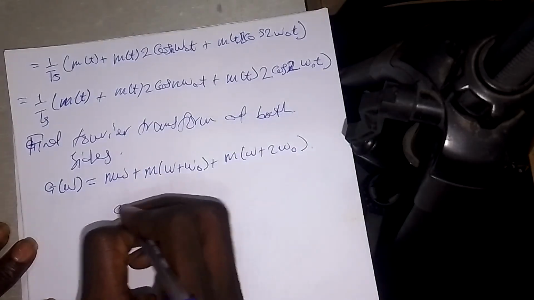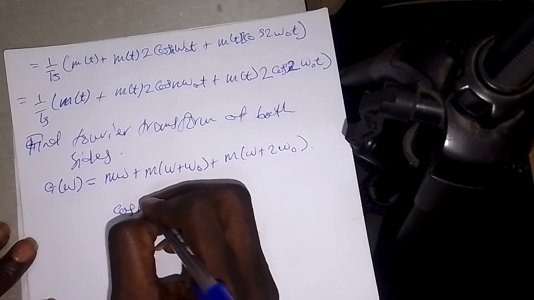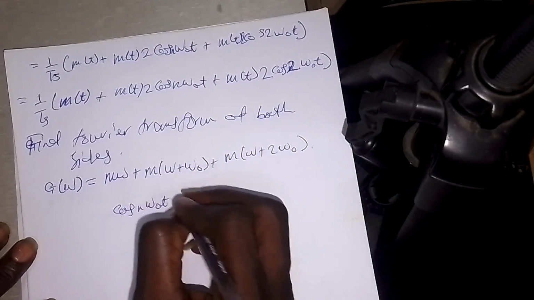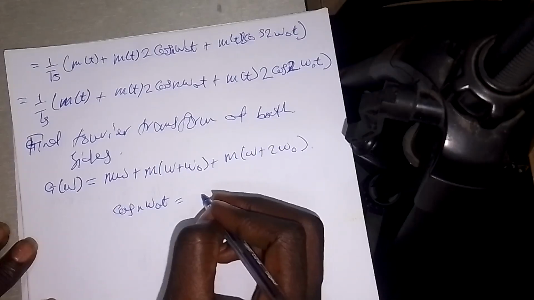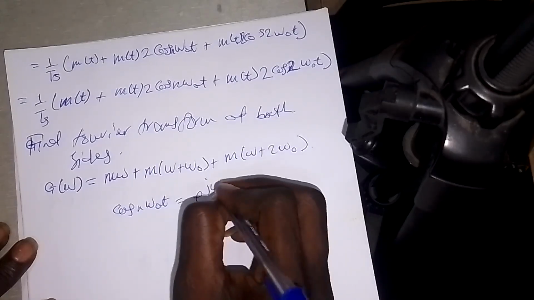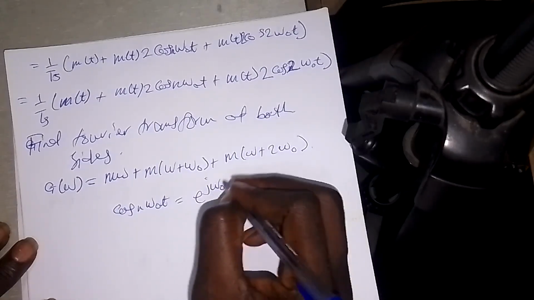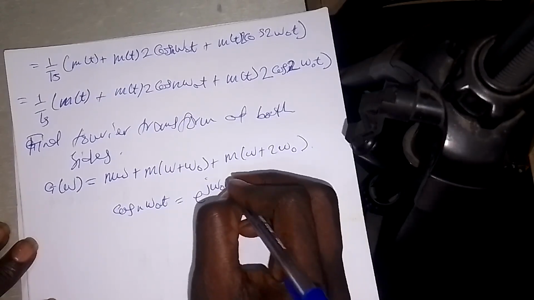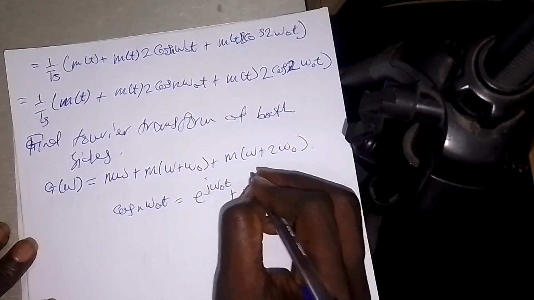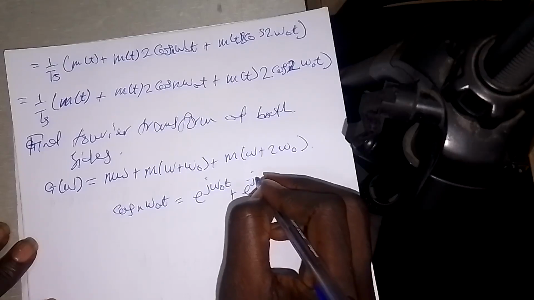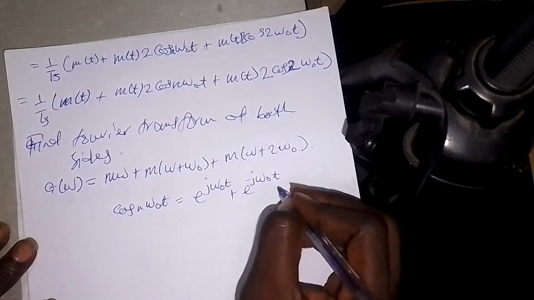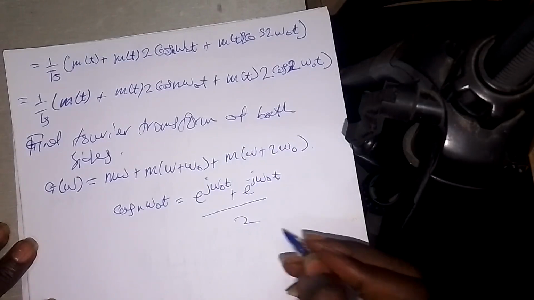Because I know that cos n omega naught t is equal to e^(j omega naught t) plus e^(-j omega naught t), over 2.